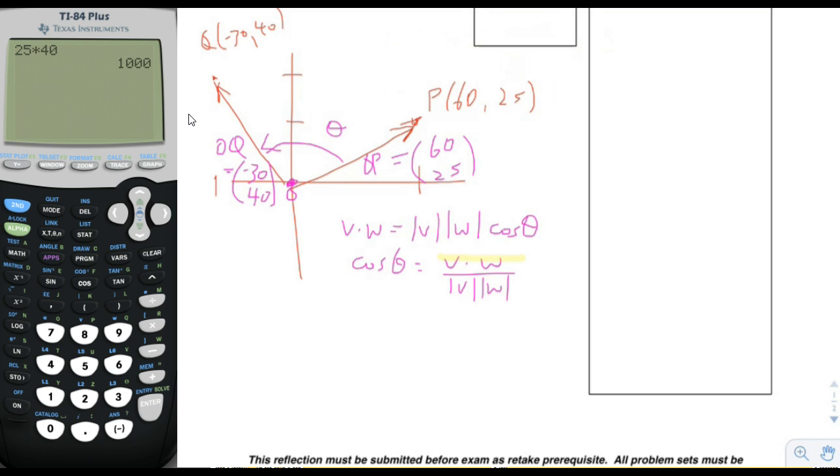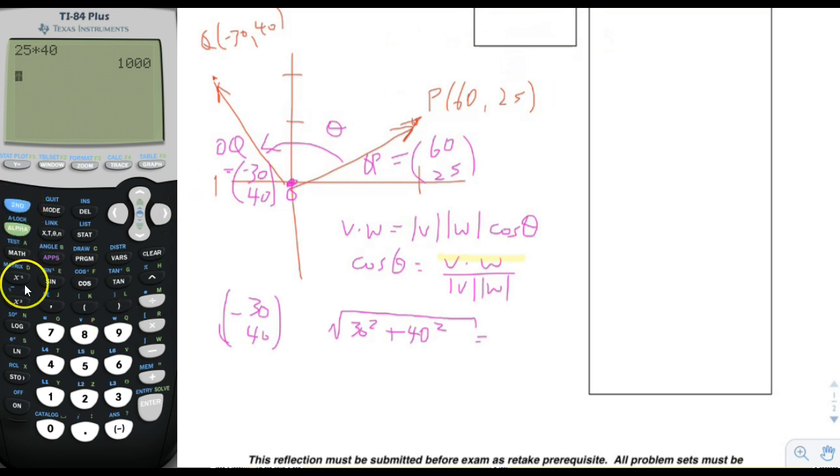Now remember how to find the magnitude of a vector? Basically, you take the vector negative 30, 40, and you do the Pythagorean theorem on it. So the magnitude of OQ would be negative 30 squared, which is the same thing as 30 squared, because when you square a negative number, it becomes positive. You add 40 squared, and you take the square root of that.